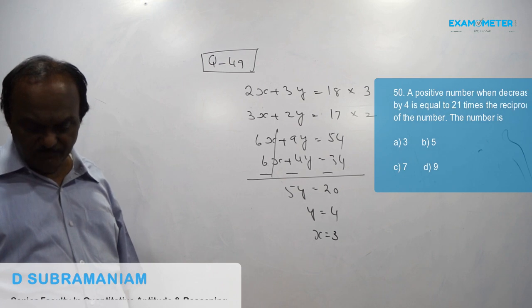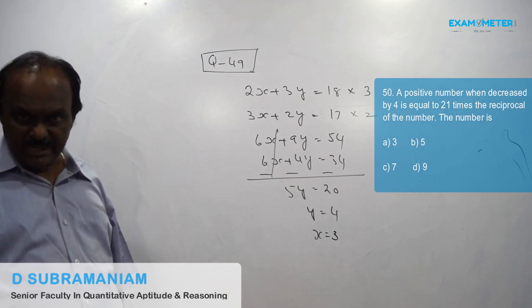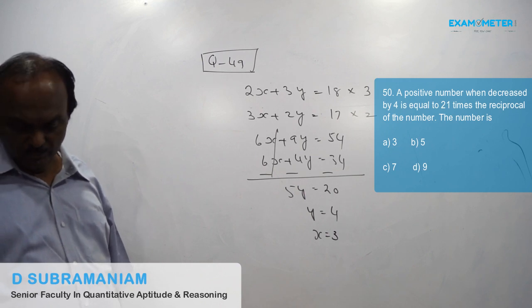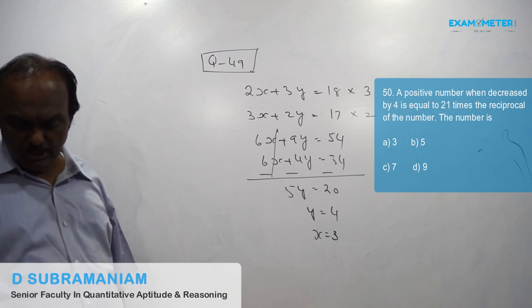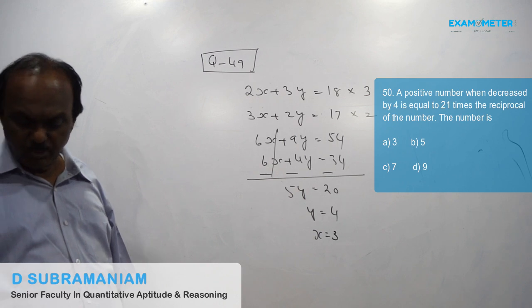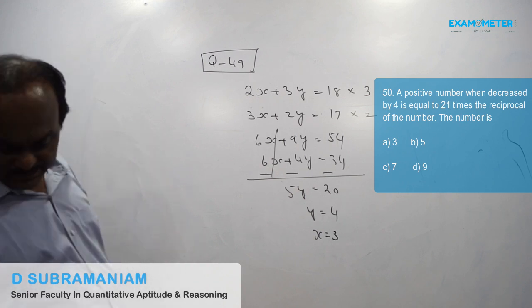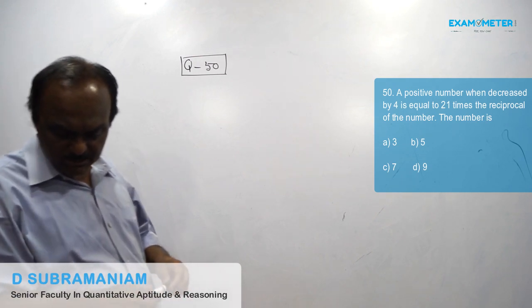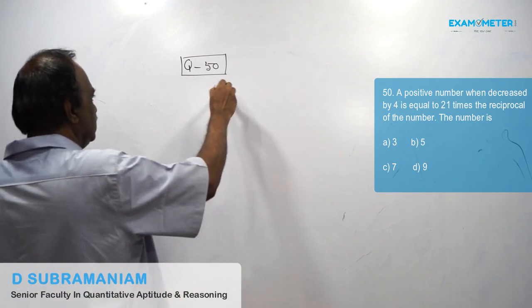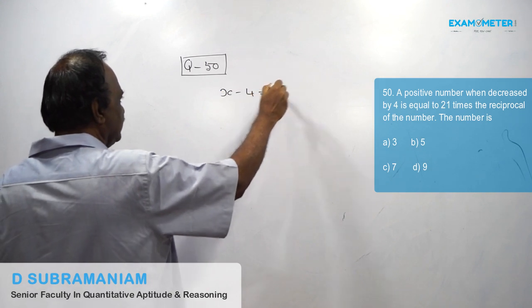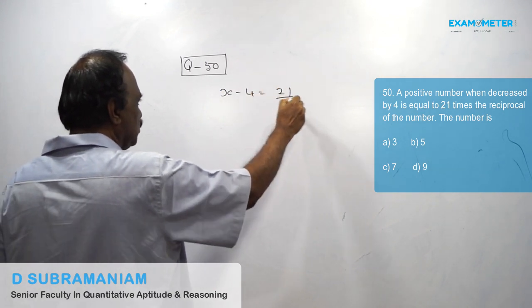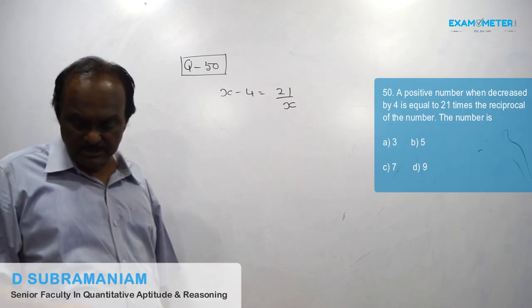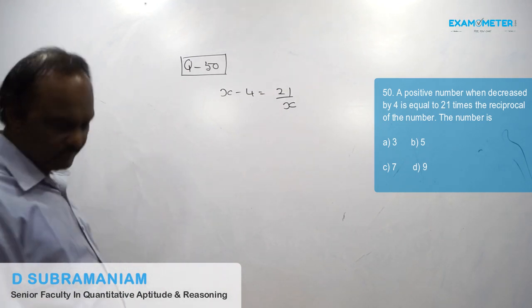Question number 50. A positive number when decreased by 4 is equal to 21 times the reciprocal of the number. The number is a positive number decreased by 4. So x minus 4 is equal to 21 times the reciprocal, that is 21 by x.